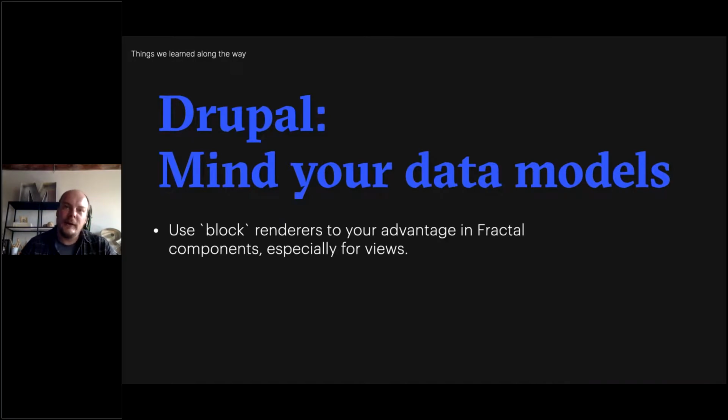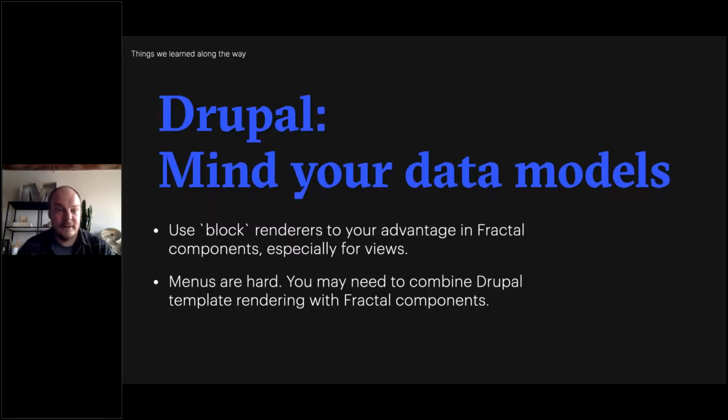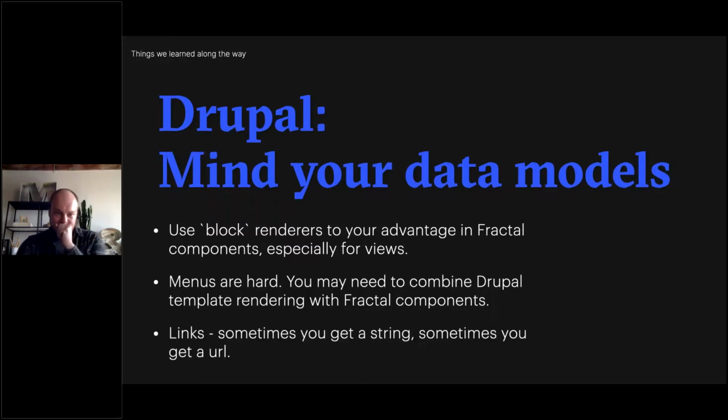Also, use block renders and twig, especially for views. They work really well. Menus are just hard, and this is why I say it's 99%: you might still end up needing to write some code in a Drupal template to get menus to render into Fractal components. But the amount of code you'll be writing in Drupal will end up being small.